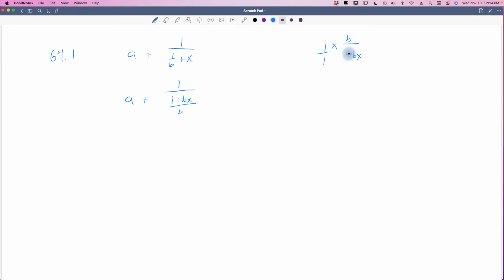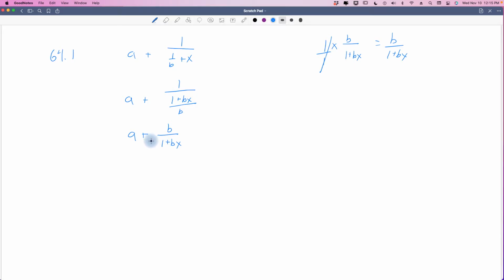So what we end up with is a plus b over 1 plus bx, because we simplified it here. So we got this canceled out and we just had this. We simplified all of this into this.